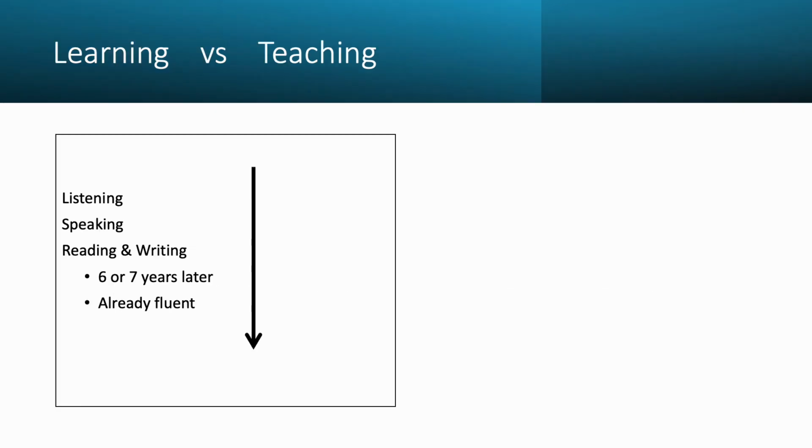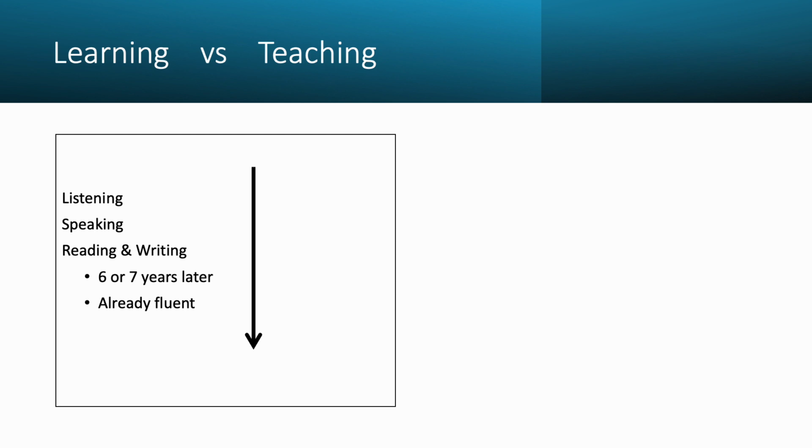So to summarize, this is the natural order in which people acquire a language. They listen for a year or so, or they have a silent stage. Then they emerge as a speaker, and after being immersed in the language for 5 to 7 years, they're already fairly fluent, and you introduce the writing system, reading and writing.